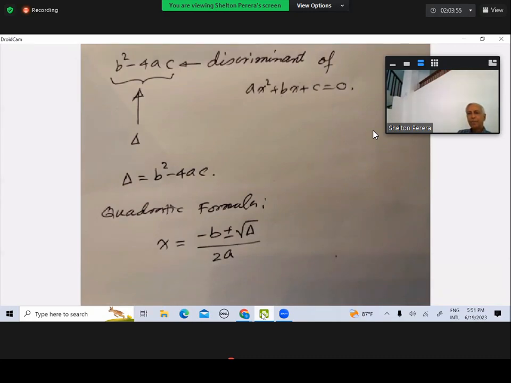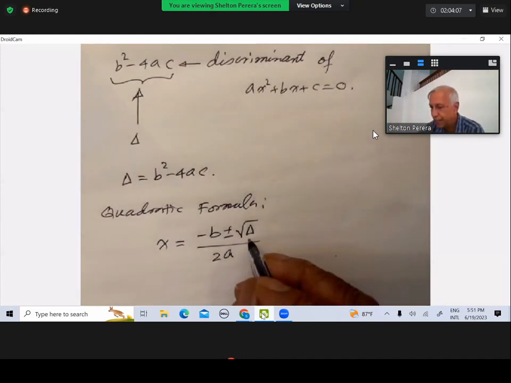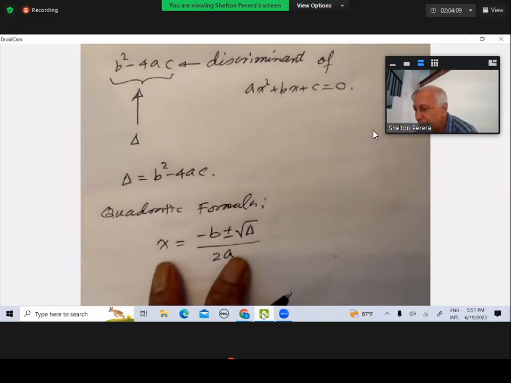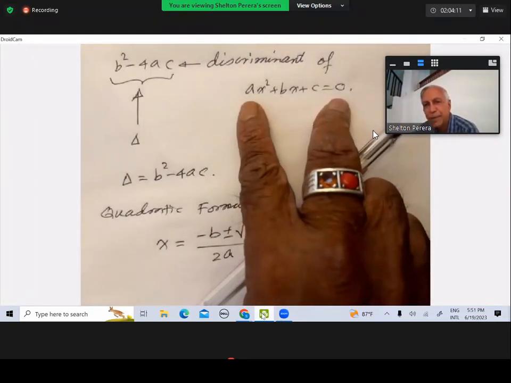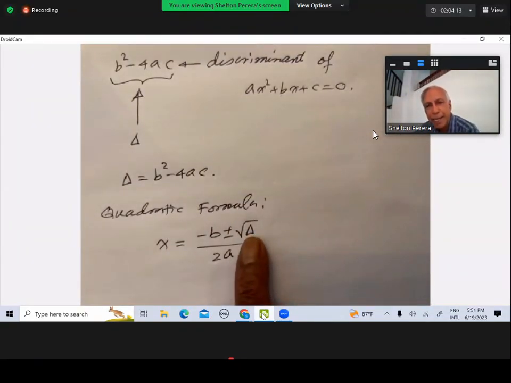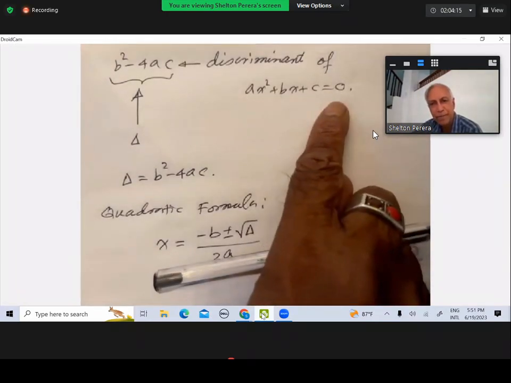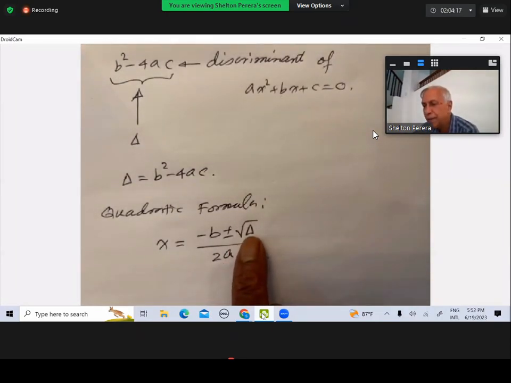Delta is b squared minus 4ac. Now, do you understand? You haven't done this for O levels, okay? You can immediately see the nature of the solutions depends on delta.